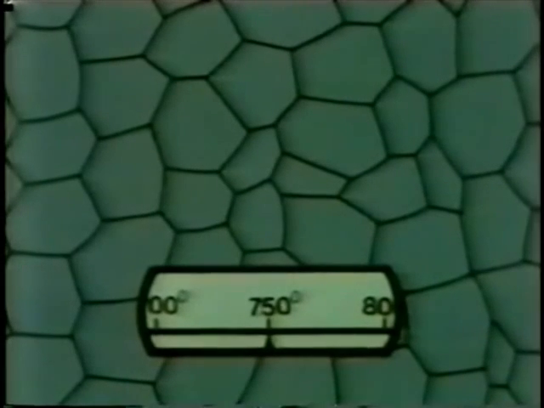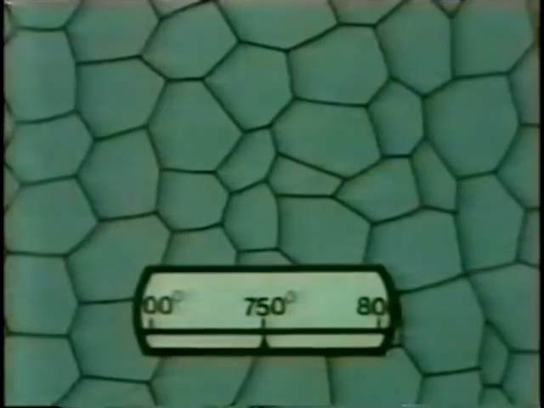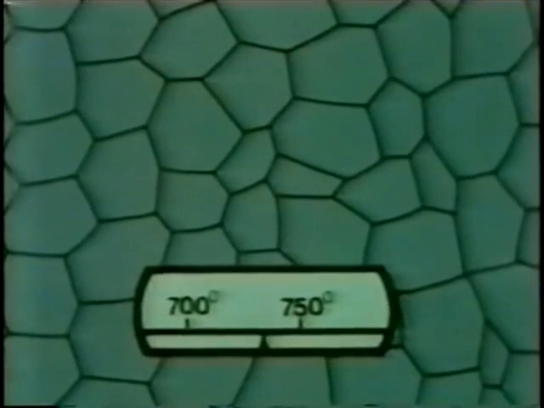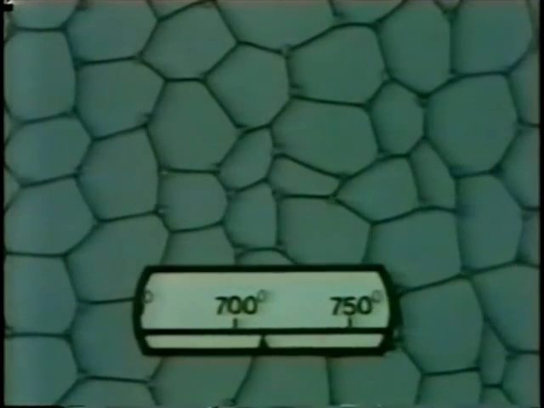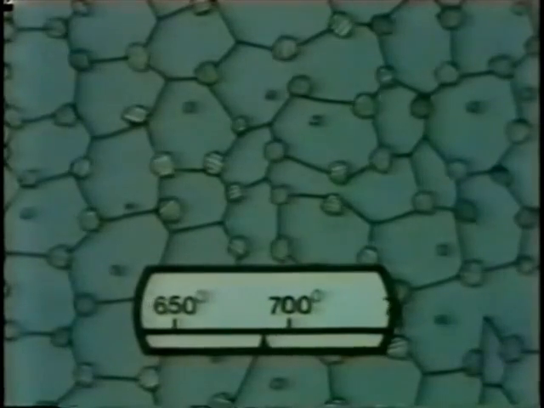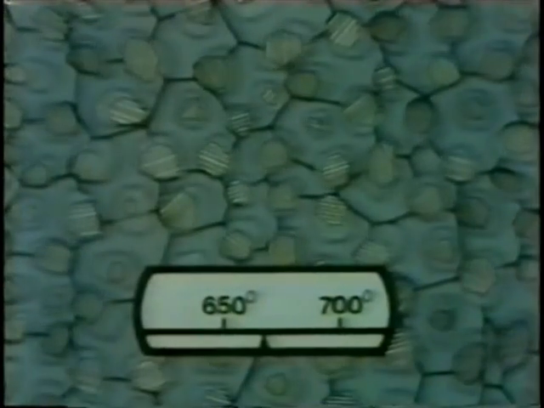structure. Here we're normalising, so the components are taken out of the furnace and left to cool in air. Let's see what happens to the grain structure. As the temperature reaches about 720 degrees centigrade, the old type of grains begin to reappear.